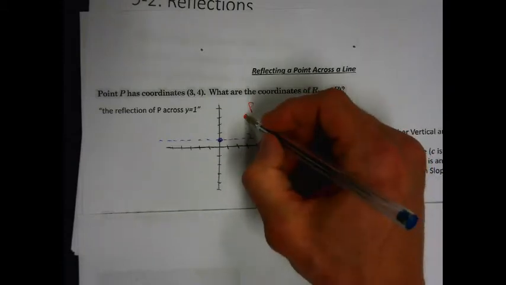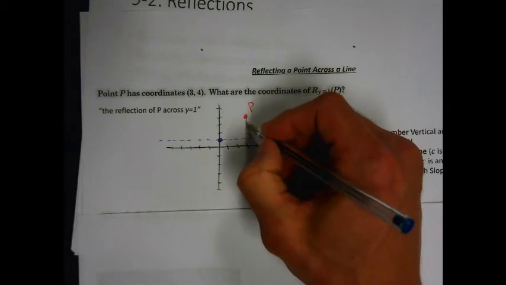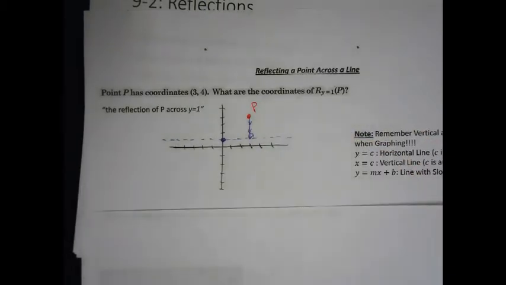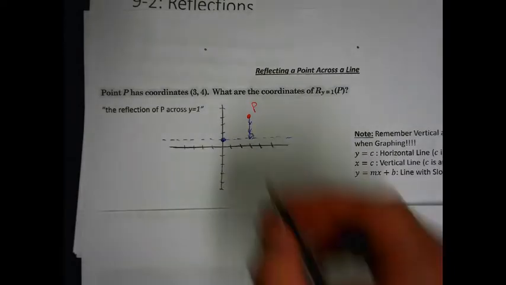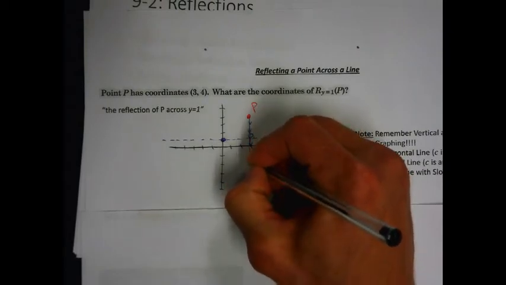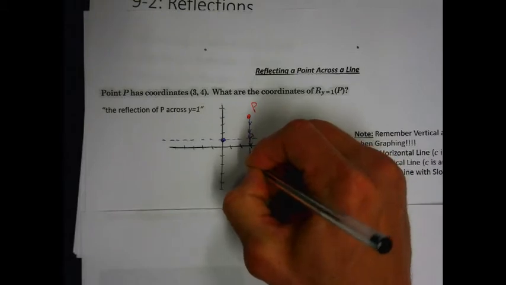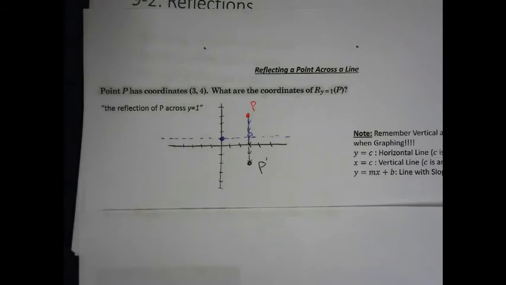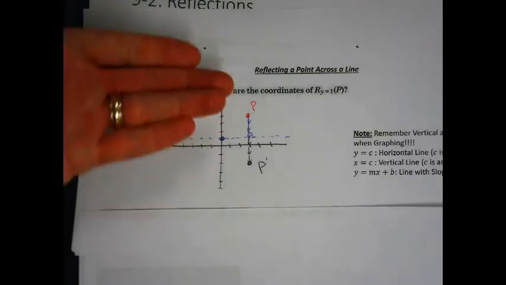It's 1, 2, 3 coordinates away from the line of reflection. So we're going to reflect it. Give it 3 more coordinates away. Symmetry, right? Reflection. 1, 2, 3 more spaces, and there is our P prime, the new point. So we have reflected that P, the flippity dip, across the line of reflection.